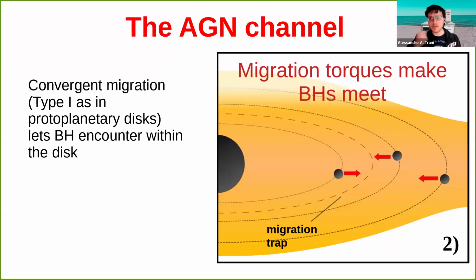The second ingredient is that once these black holes are embedded in the disk, they will start migrating, just like planets migrate in protoplanetary disks. If there is convergent migration, so if we have a positive migration torque here and a negative one there, these black holes will converge toward a certain annulus, which we can call the migration trap.